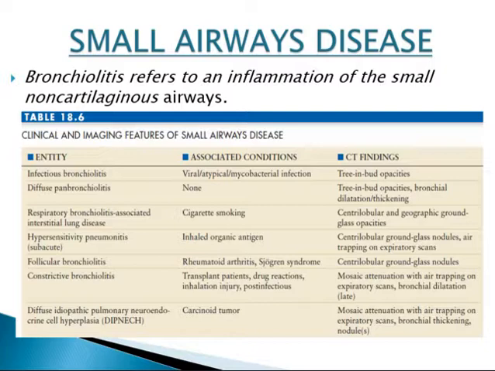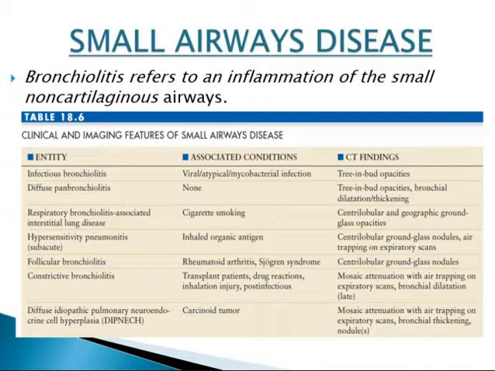The other subject is small airway disease. What is bronchiolitis? Bronchiolitis refers to an inflammation of the small non-cartilaginous airways. There are multiple types. Infectious bronchiolitis usually occurs in children and may be associated with viral infection, atypical infection, or mycobacterial infection.